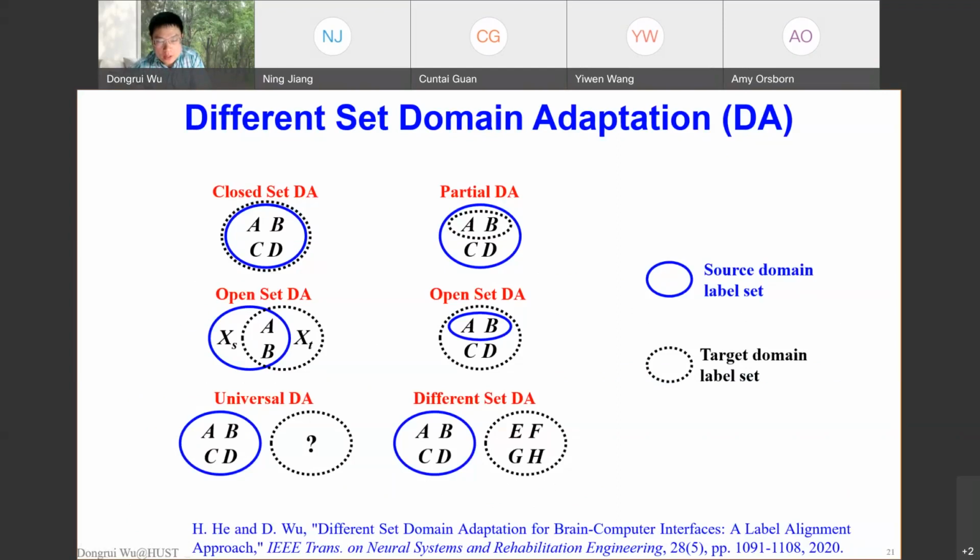For example, in this figure, for the source domain, we have classes A, B, C, D, but in the target domain, we have classes E, F, G, H. They could be completely different. So this is a very challenging transfer learning scenario, but still, by a carefully designed algorithm, we can still perform transfer learning here.